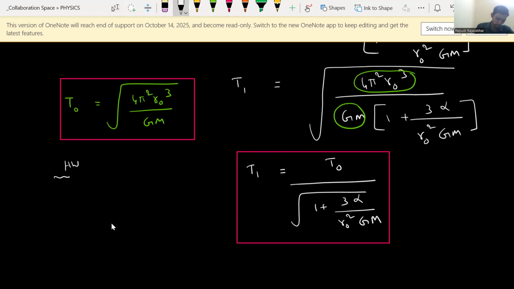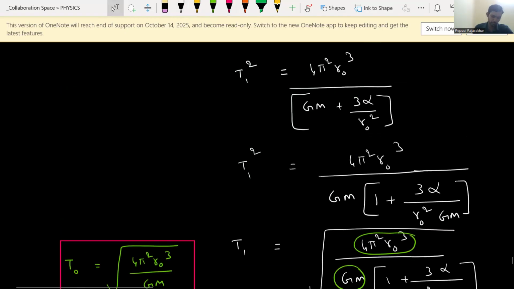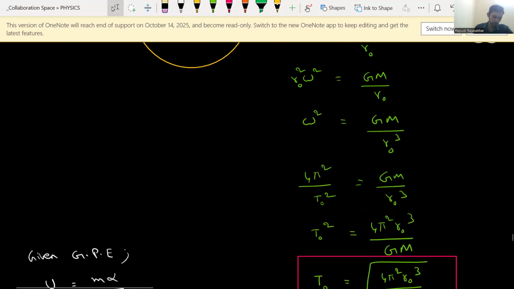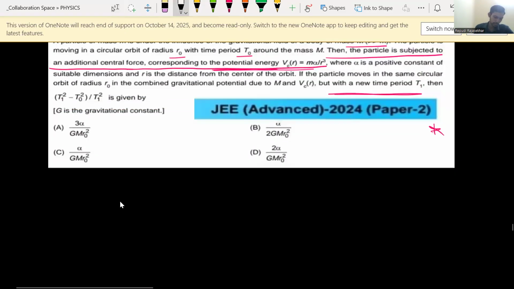What are those 3 steps here? See this one. They're asking T1 square minus T0 square by T1 square is how much? Already I know this; these are already solved questions, so you will get the answer as A, 3 alpha by GM r0 square. But you don't blindly follow it, you simplify by yourself.